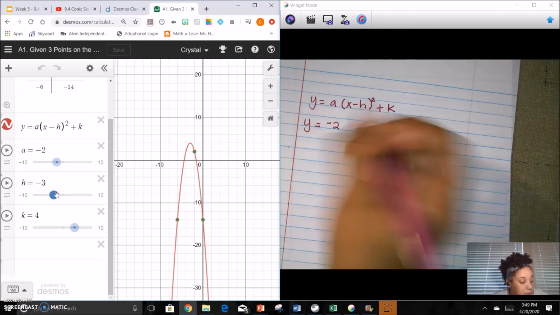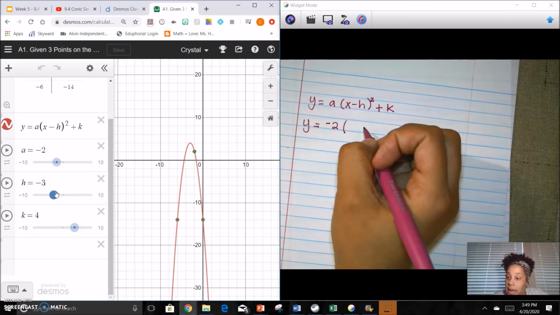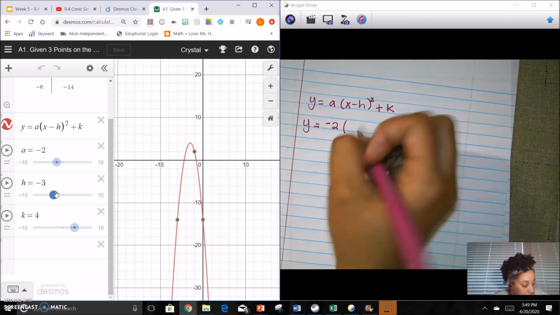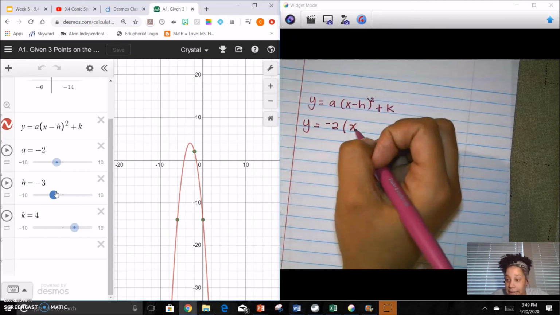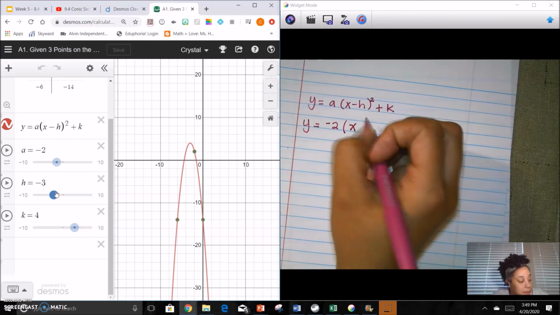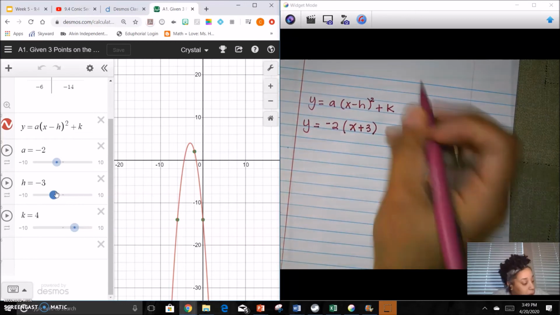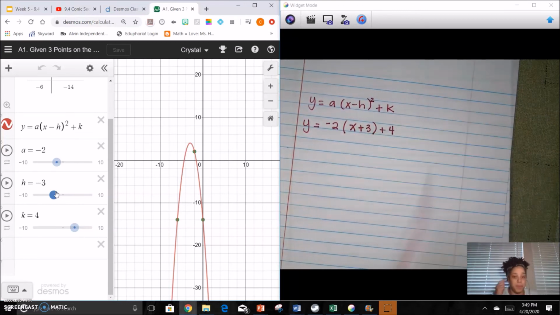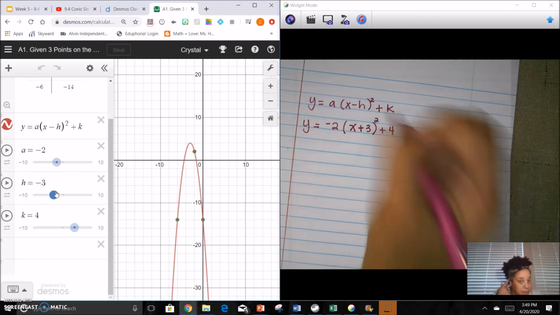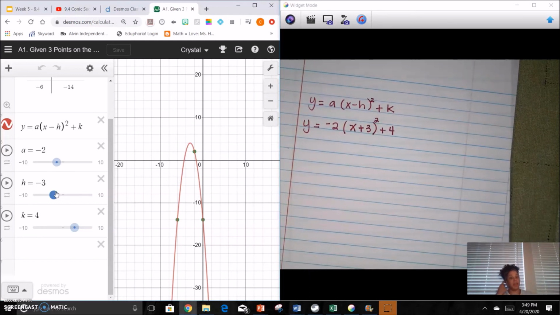So -2 times (x, minus h, which is a minus -3, so it's going to be plus 3), and then k is 4, so it's plus 4. Oh, and don't forget to put the square, because it's not quadratic without the square. You won't get the U shape. You will get a straight line, and that's not quadratic or a parabola for that matter.